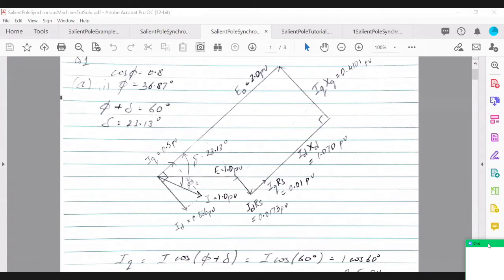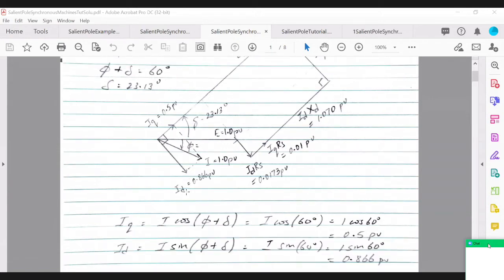They've given us this angle, the angle between the induced voltage and the stator current. For a generator operating at lagging power factor, this angle is the sum of phi plus delta.